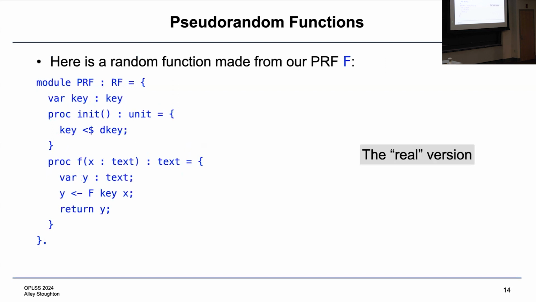There's one that uses the PRF, uses the F. So init just generates a key and stores it as a module level variable. F uses F of key to transform X into Y and then returns that. So whatever F does for the particular key that was chosen, that's what this does. And so once initialization happens, the key is then fixed, and we can call this as many times as we like.